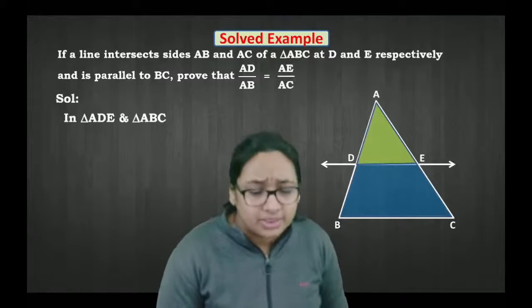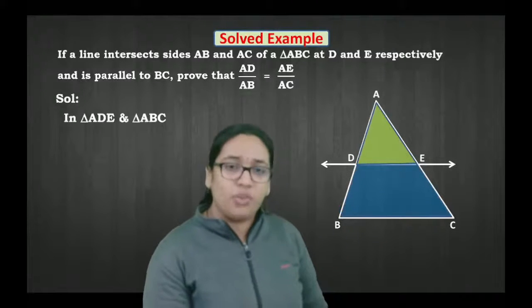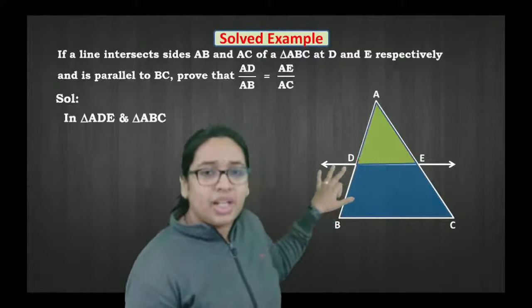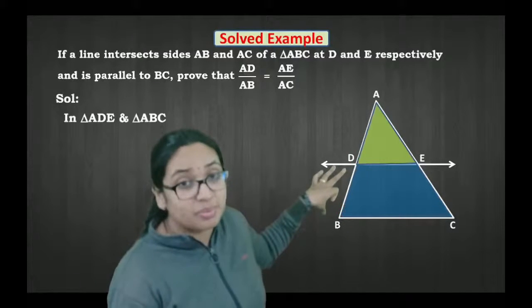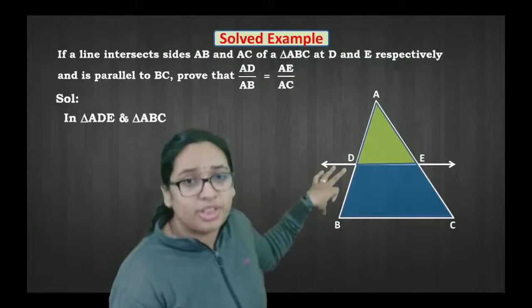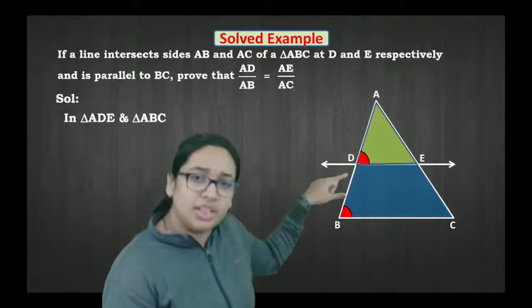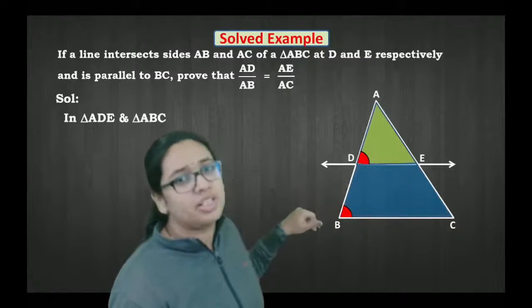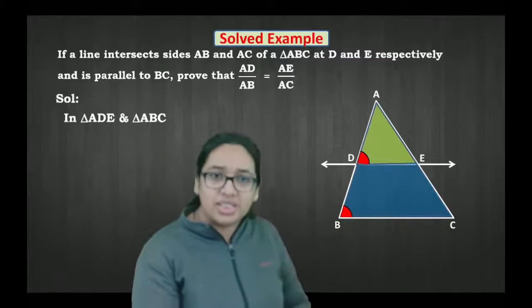So in ADE and ABC, what can I say? Angle D and angle B will be same. What will be the reason for it? These two lines are parallel, that has been given. If DE is parallel to BC, then AB will work as a transversal for it.